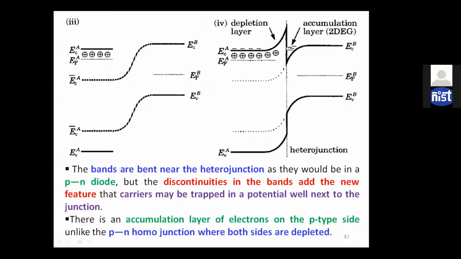The charge will be depleted in a homojunction. But here we take the heterojunction, GaAs and AlGaAs, P and N. On one side the charge is depleted, but on the other side the charge is accumulated. That is the difference in the case of a heterojunction. So there is an accumulation layer of electrons on the P side in your GaAs.